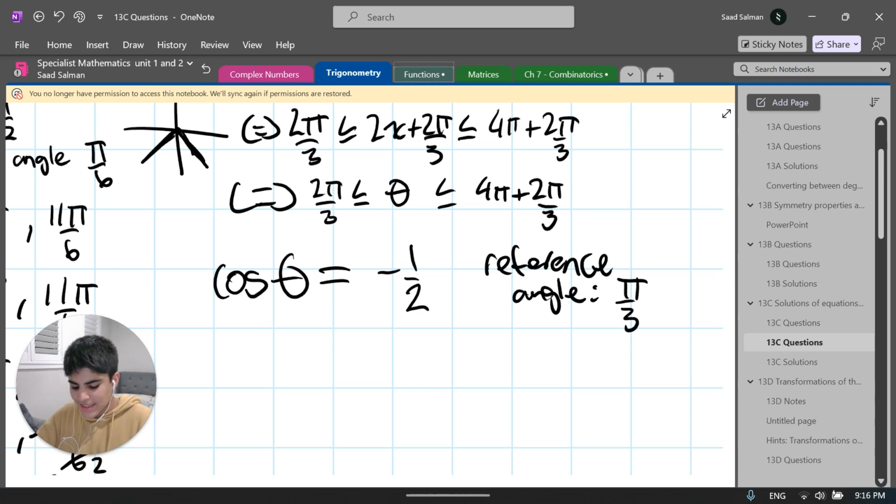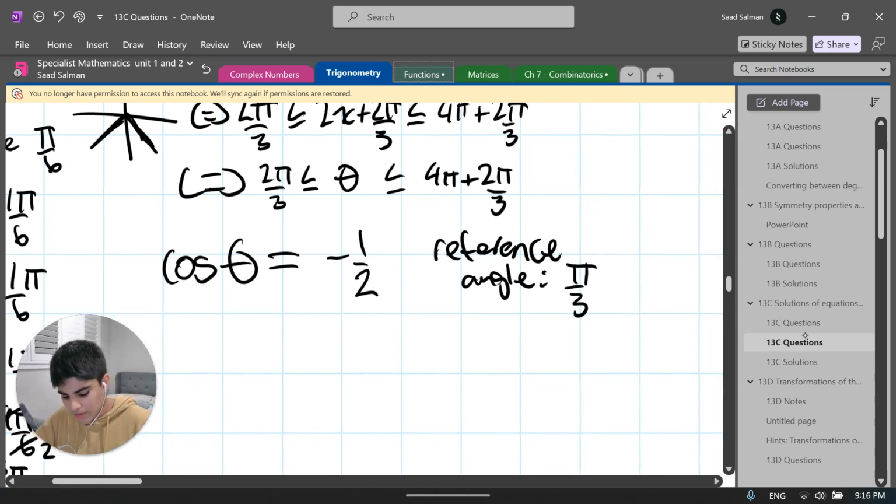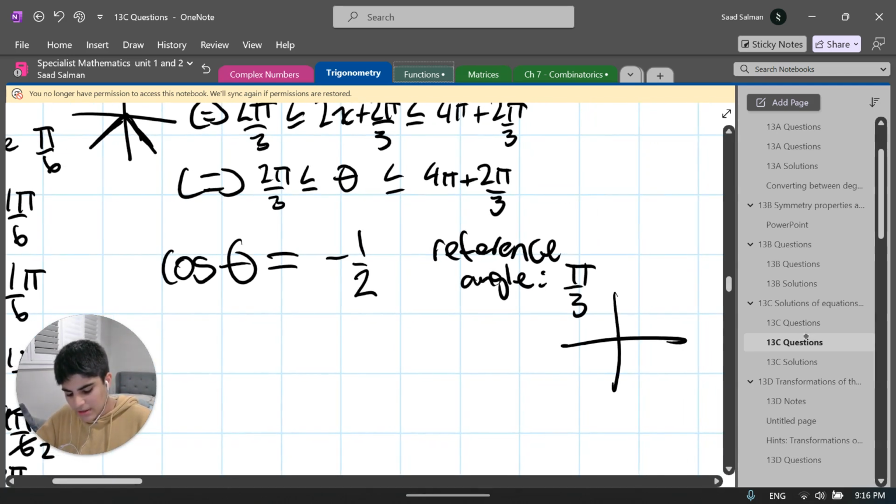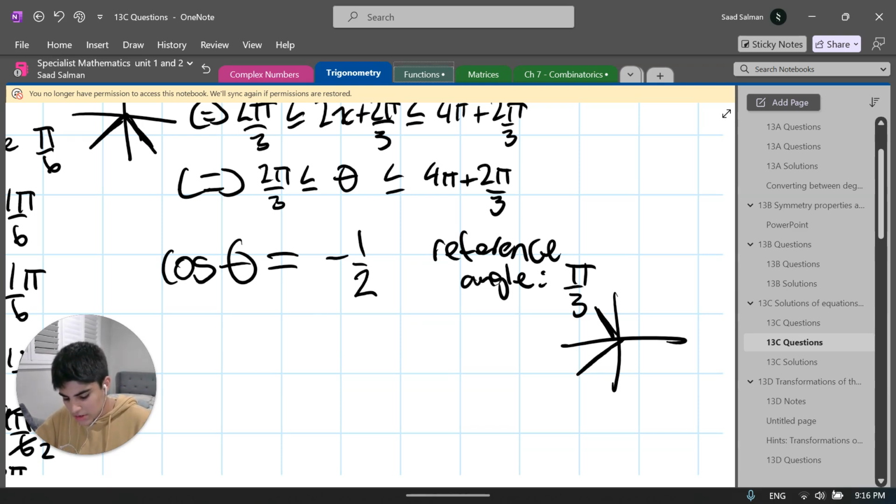Cosine is negative in the second and third quadrant, and we want to find all the solutions where cosine is negative from 2 pi on 3 to 4 pi plus 2 pi on 3.